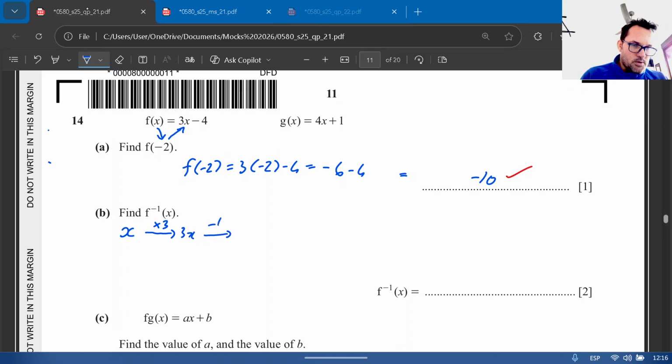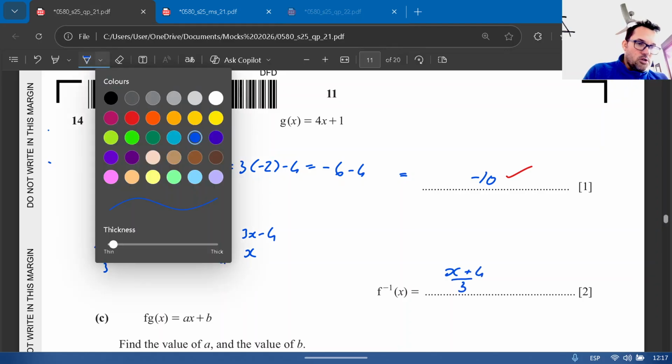And then they subtract 4, so that's how you get 3x minus 4. So now we just do the opposite. Instead of minus 4, we plus 4. That will give us x plus 4, and then times by 3, we divide by 3. That will give us x plus 4 divided by 3. That's it.